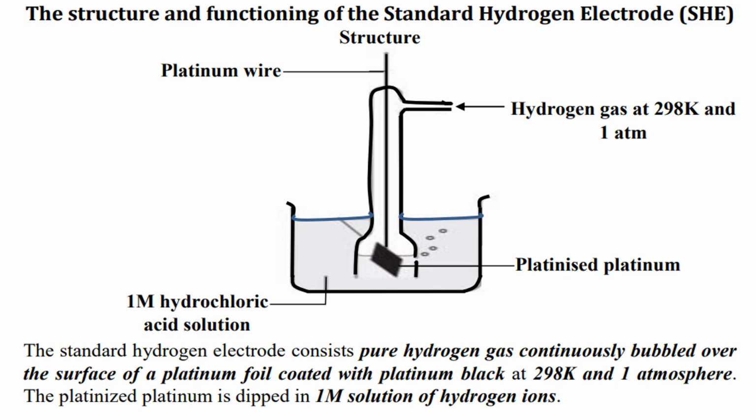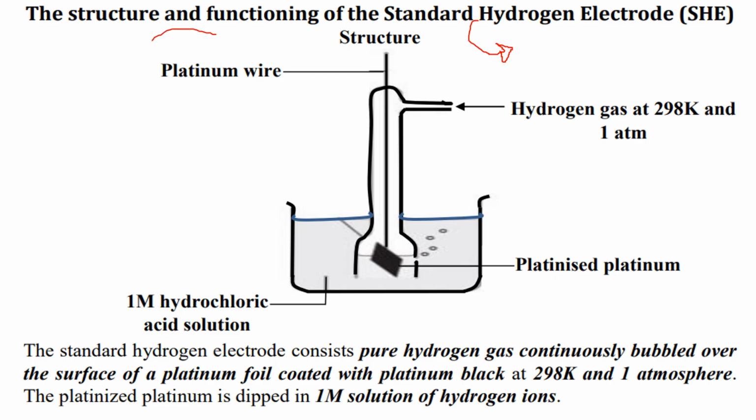Now with that, let's look at the standard hydrogen electrode potential. Before we look at this, like I told you, under the reduction equation of hydrogen, you saw that the electrode potential of hydrogen was 0.0 volts.